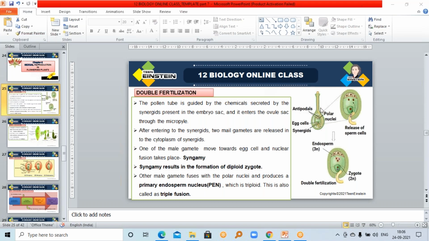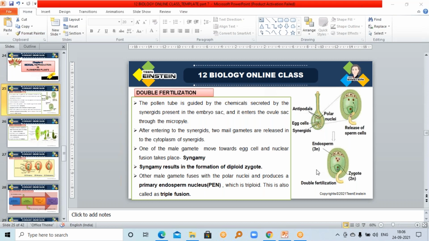You can see here in the first picture a yellow colored tube which is forming. The pollen grain will germinate and form a pollen tube, and this pollen tube will come out through the germ pore. This I have already explained in the last class. That pollen tube contains 2 male gametes. We have already explained the male gametes, the 2-cell stage and 3-cell stage.